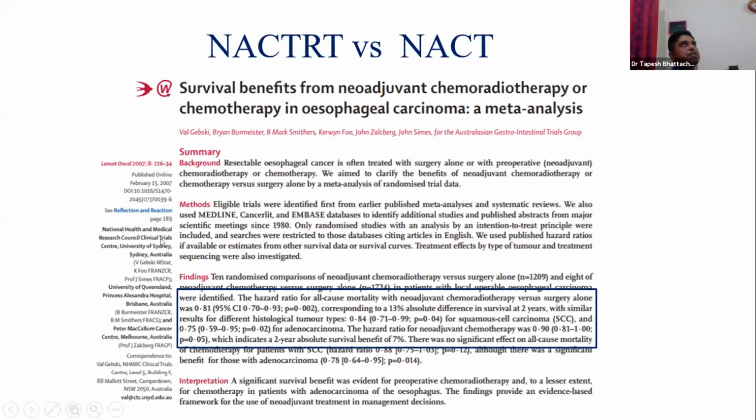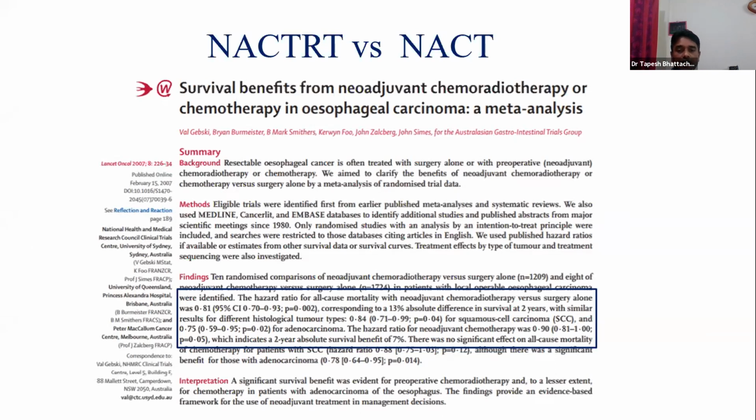This was the study published by Gebski et al. in 2007. What they are saying, the hazard ratio for all-cause mortality with neoadjuvant chemoradiotherapy versus surgery alone was 0.81, corresponding to a 13% absolute difference in survival at 2 years, with similar results for different histological tumor types.